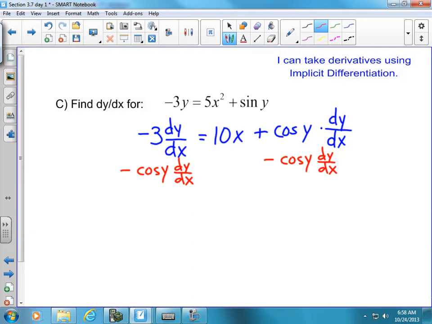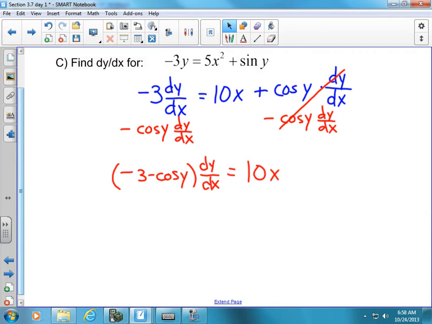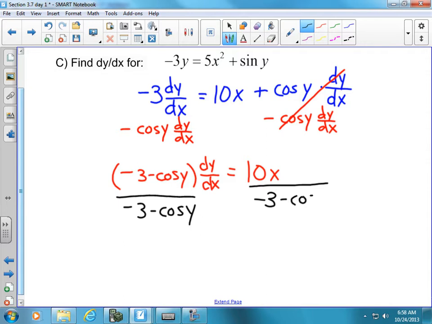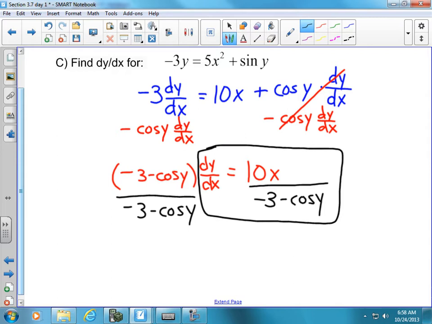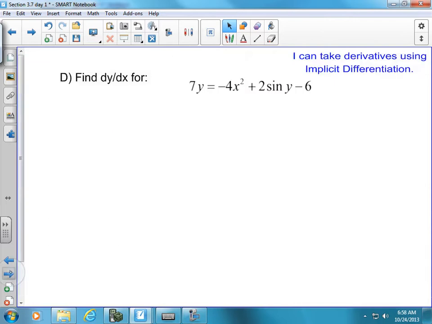We're going to group the negative 3 and the negative cosine of y together. These cancel out. We're left on the right-hand side with just a 10x. And last step, we divide by the negative 3. This is not cozy, this is cosine of y. All right, that is that example.